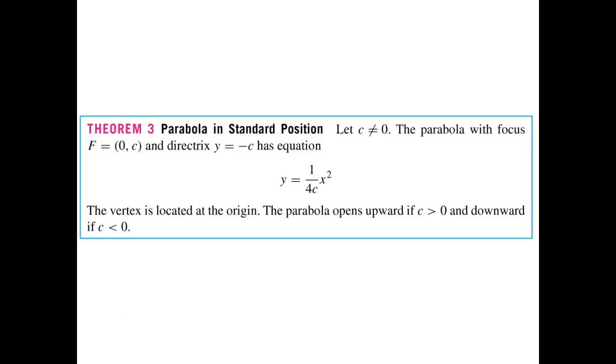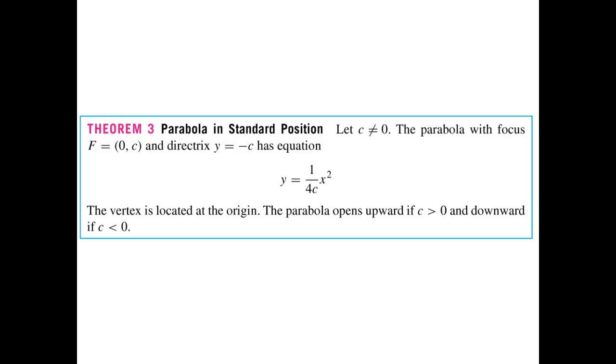A parabola in standard position, and standard position will again be the focus at 0c, directrix y equal to minus c, so the parabola is going through the origin because c and minus c, the origin is directly between them. This is what it's going to look like. The equation will be y equals 1 over 4c times x squared.